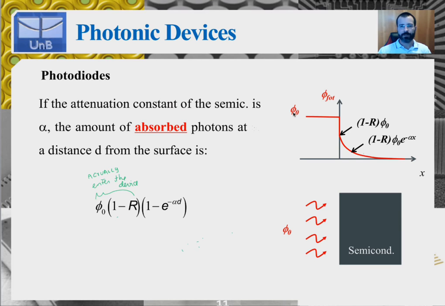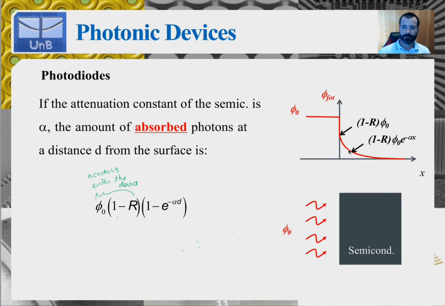Once the photons are inside the device, some of them will be absorbed at a given rate, and if we look at the photon rate as a function of distance along the length of the light beam as it travels inside the device, it's only logical to expect that the photon rate will drop exponentially, because the photons will be absorbed.